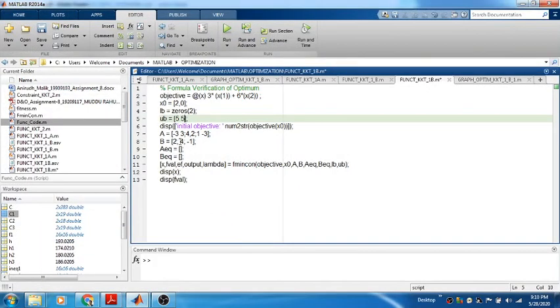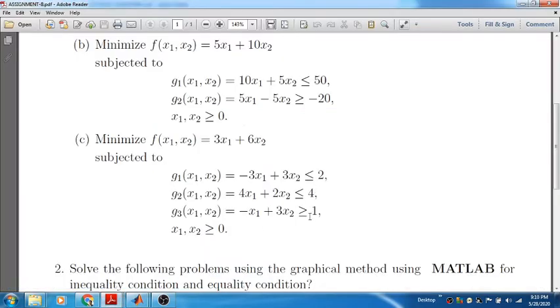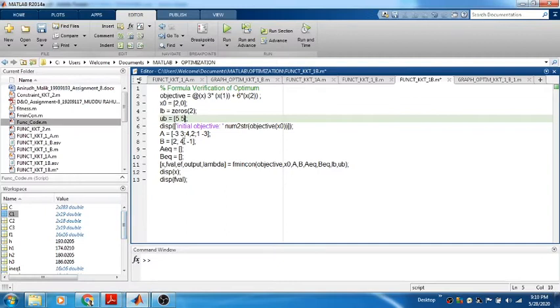And this is the right side vector, 2, 4 and -1. I put here 2, 4 and -1. I don't have any equality, and we also don't have any non-linear thing. So let's run these things.